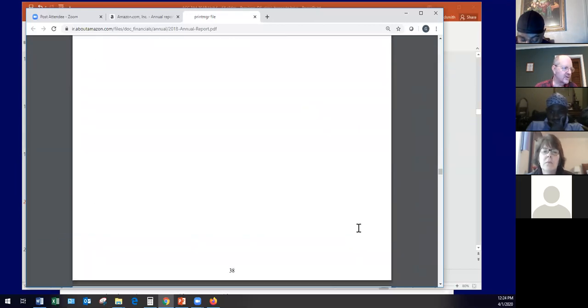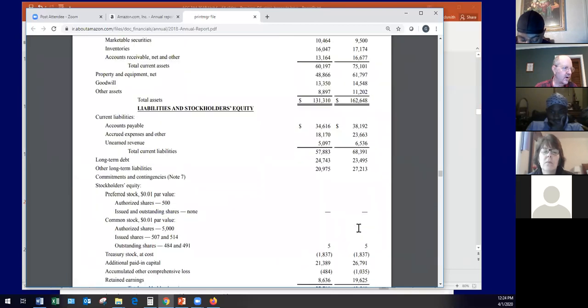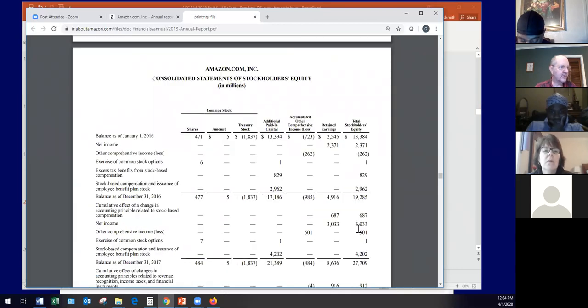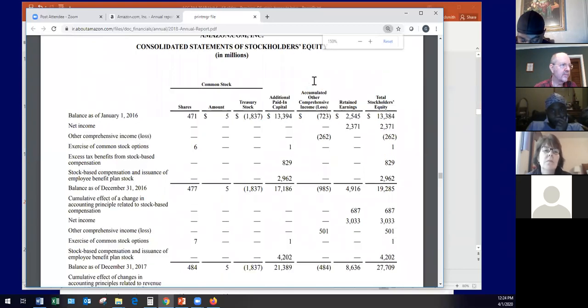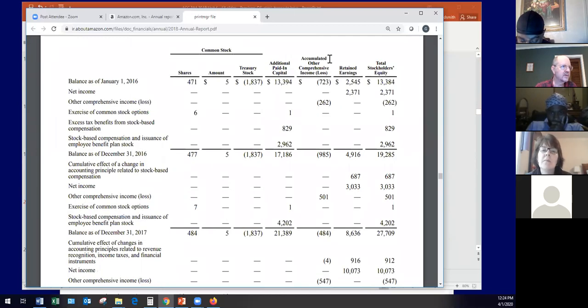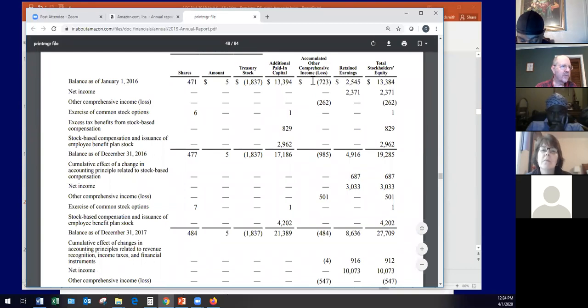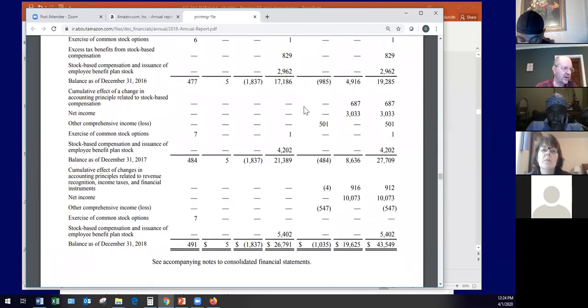So now let's go to the statement of stockholders' equity. And notice here that one of the columns in the statement of owner's equity is accumulated other comprehensive income or loss. So that's the third column from the right. And the heading will disappear when I scroll down to the current year.